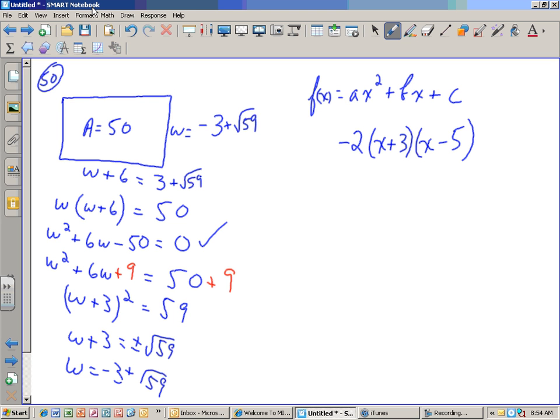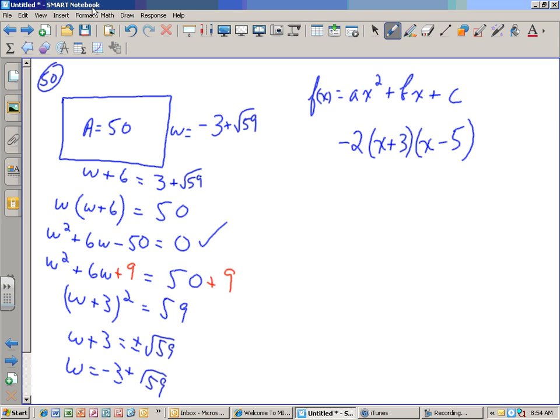Do we distribute the negative 2 first? No. Do I use FOIL first? Either way, it doesn't matter. If you distribute the negative 2, only distribute the negative 2 to one of the parentheses, but not both. Just one. It's the negative 2 times x plus 3 times x minus 5.